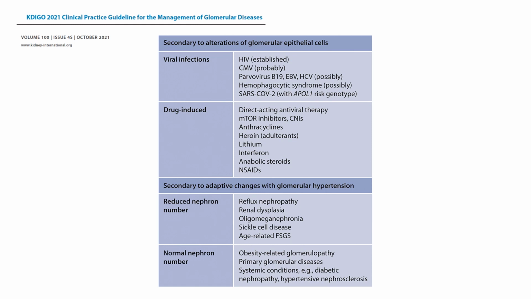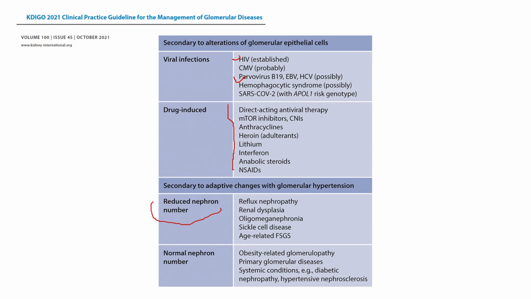What are the causes of secondary FSGS? Multiple causes. We all know them very well, especially HIV, which causes collapsing FSGS, parvovirus, and a long list of drugs.